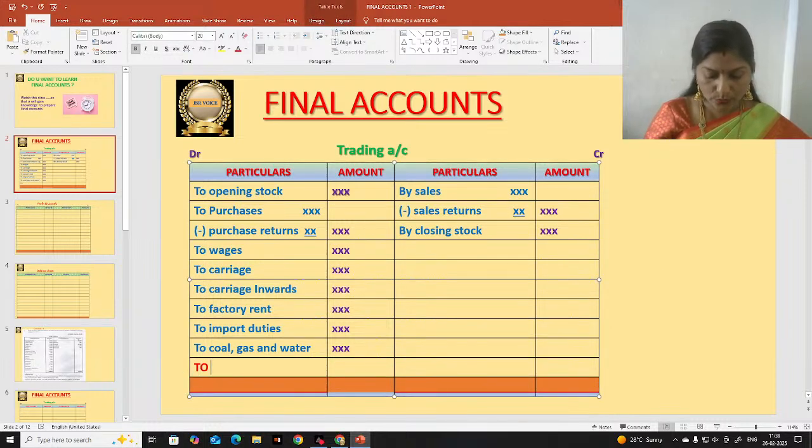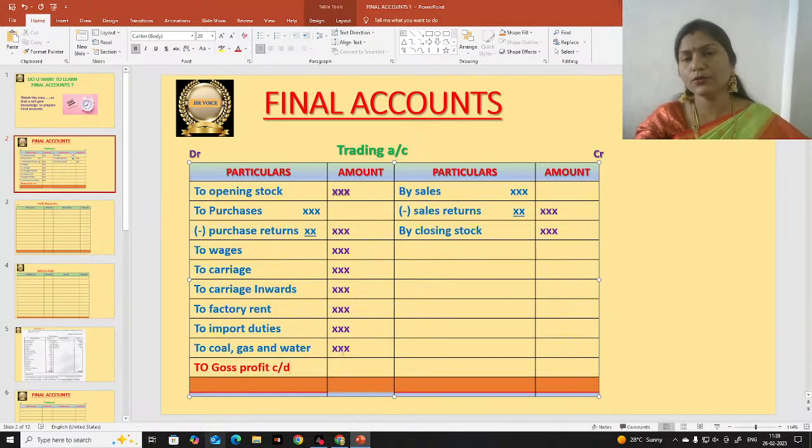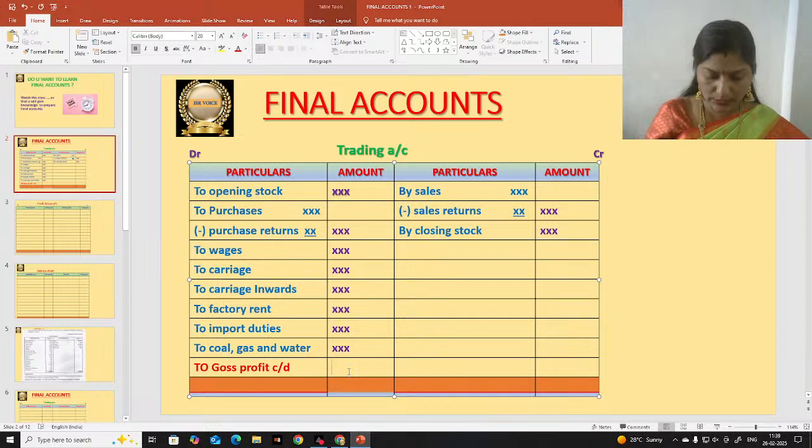To gross profit, you can mention carry down, otherwise you can write to gross profit also. Both are okay.